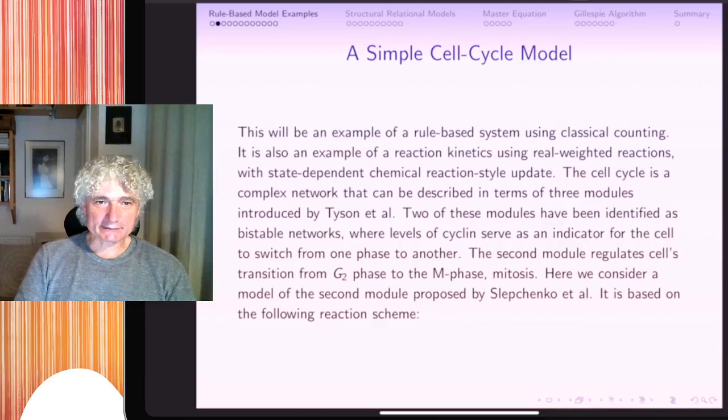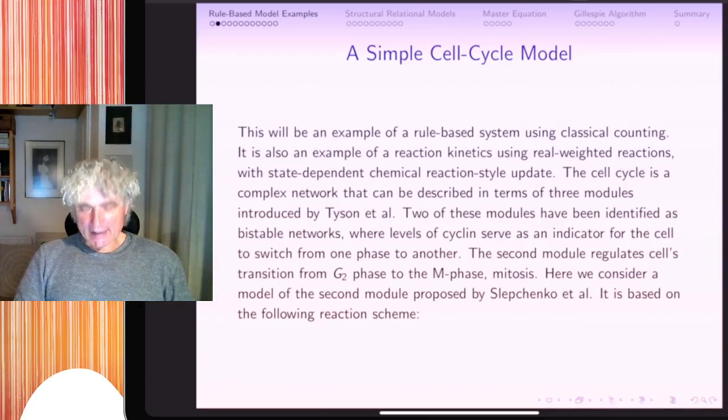It's really a cell biology problem that was originally translated mainly by Tyson and co-workers into the setting of reaction systems. So it's good to have this example because it's a very early example of modeling with what we now call rule-based systems.